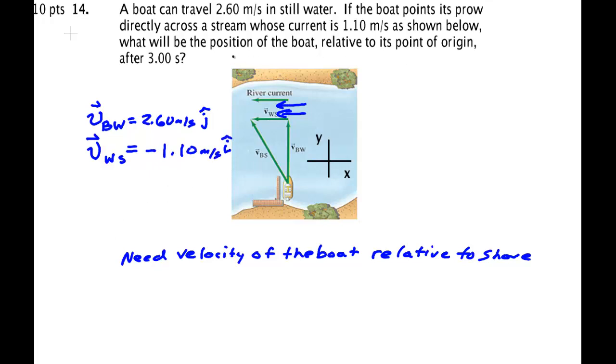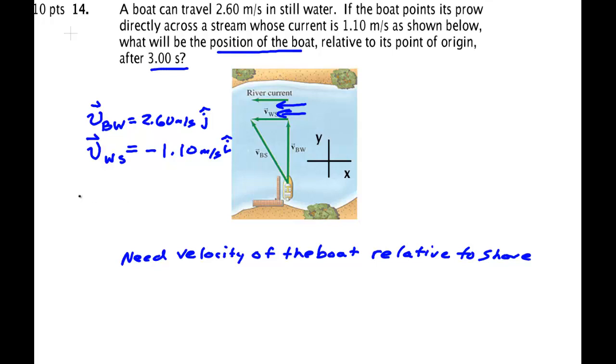And it says, what will be the position of the boat relative to its point of origin after 3 seconds? If I knew the velocity of the boat, I can multiply its velocity by 3 seconds and find its position vector, because it's not accelerating. All right? So that's what I need.